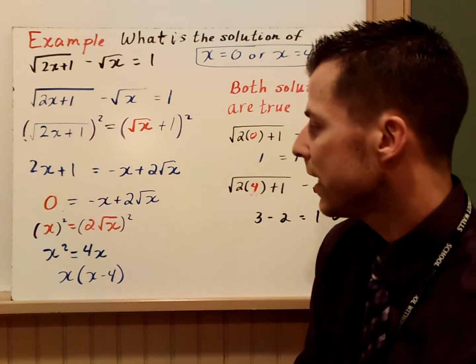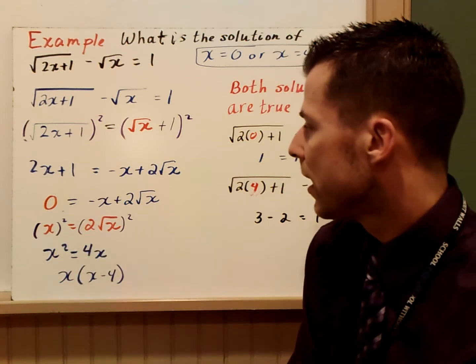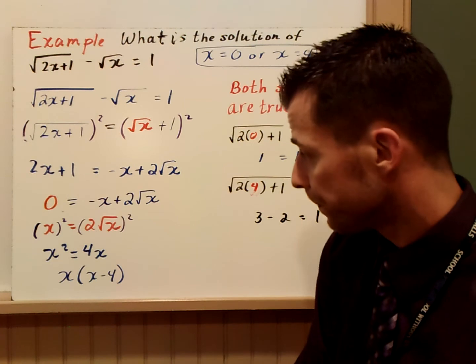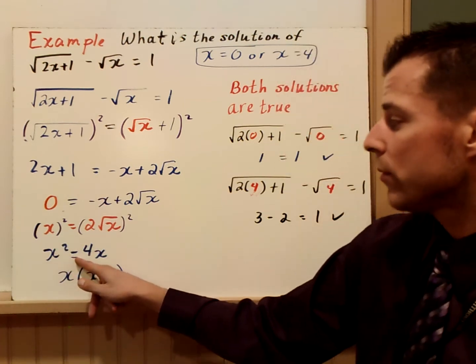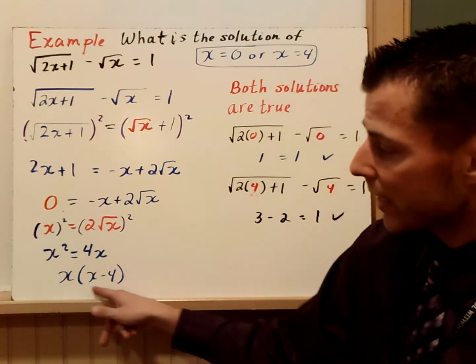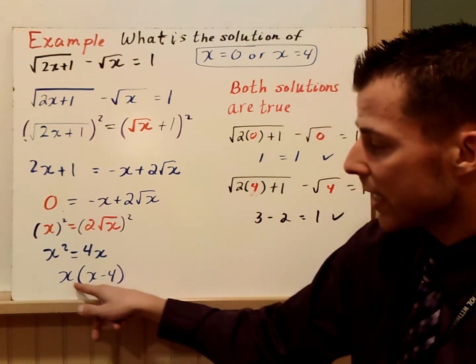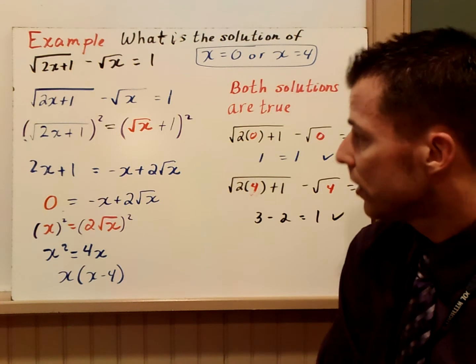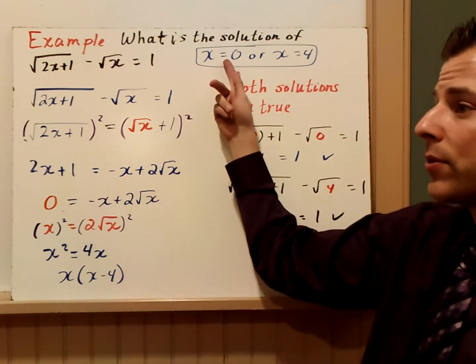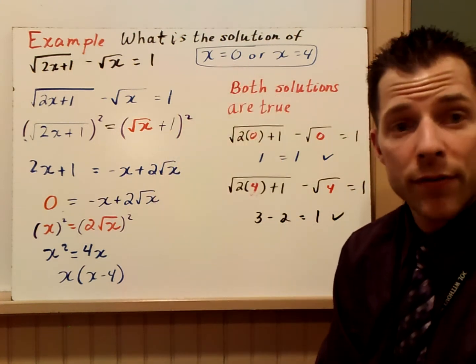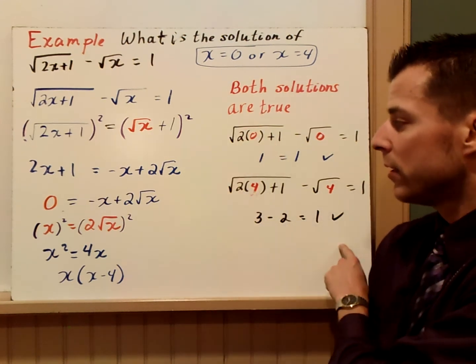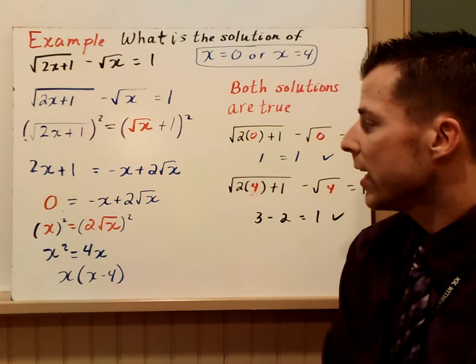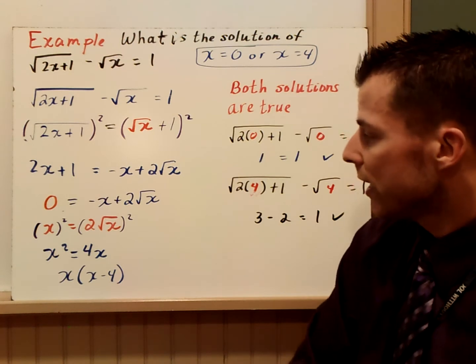Then I square both sides, and I'm left with x squared equals 4x, and then I can factor out that x, and I get x times the quantity x minus 4. So my two solutions are x equals 0 or x equals 4. Both solutions work. I check my work, and we can go from there.